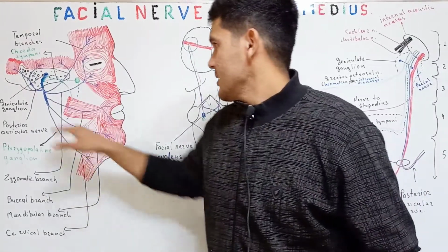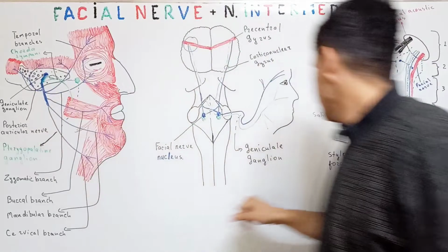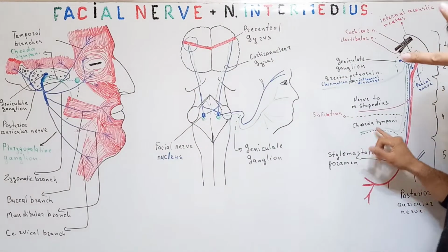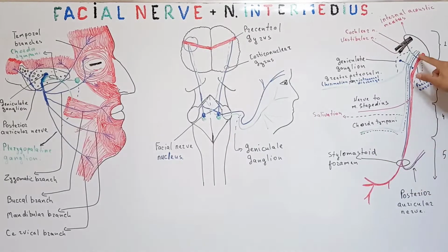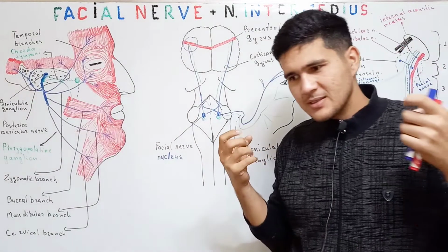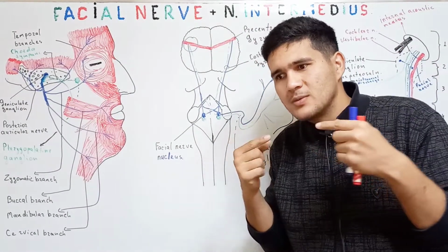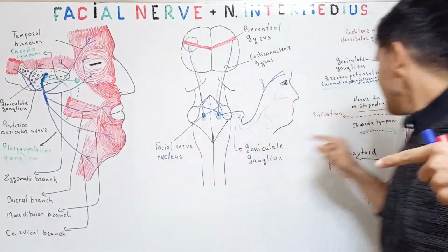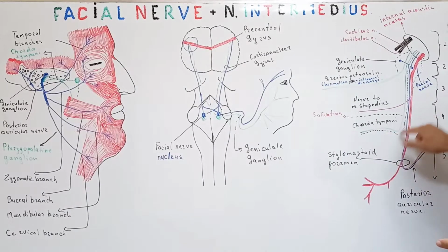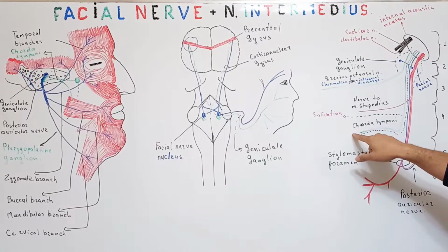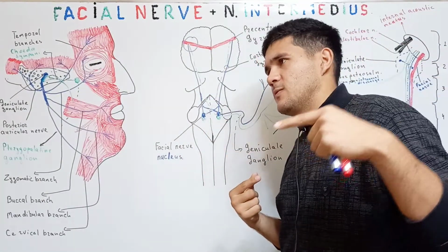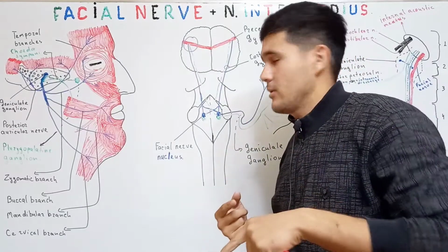And the next fiber is the chorda tympani. Chorda tympani contains two fibers. First one is sensory fibers. They receive the taste fibers from the anterior two-thirds of the tongue, and that's drawn in blue, and I drew in the green line the parasympathetic innervation of the sublingual and submandibular glands.